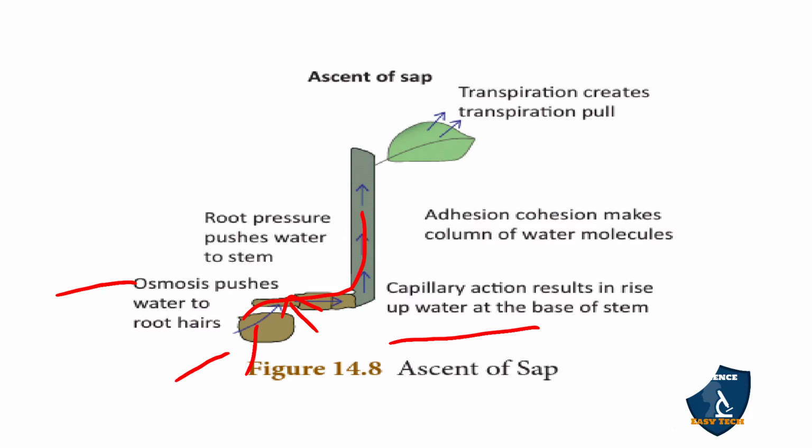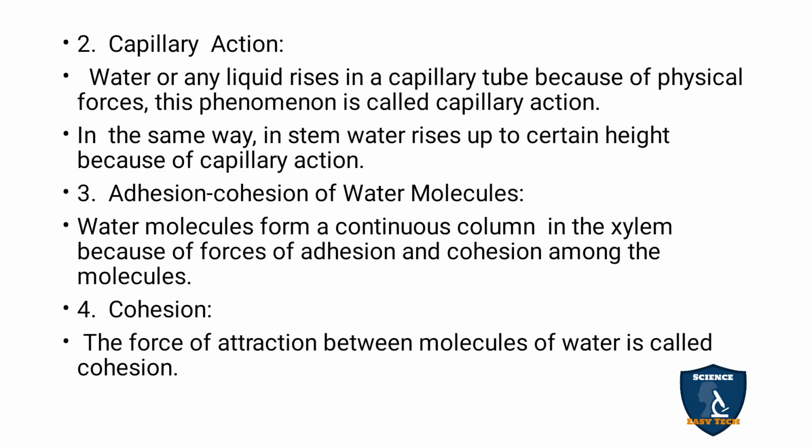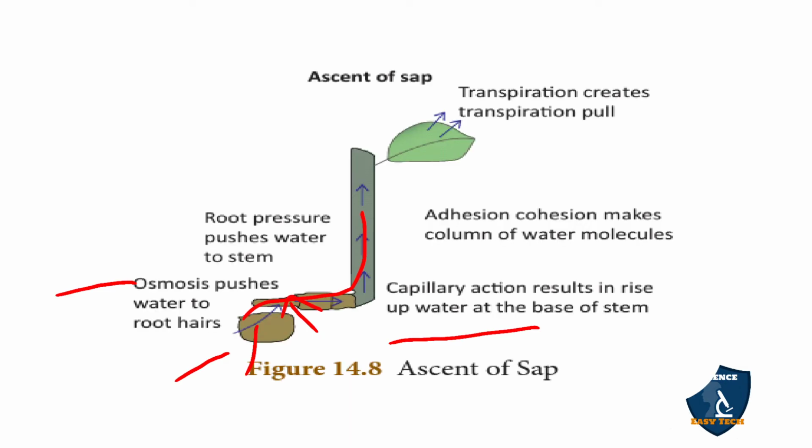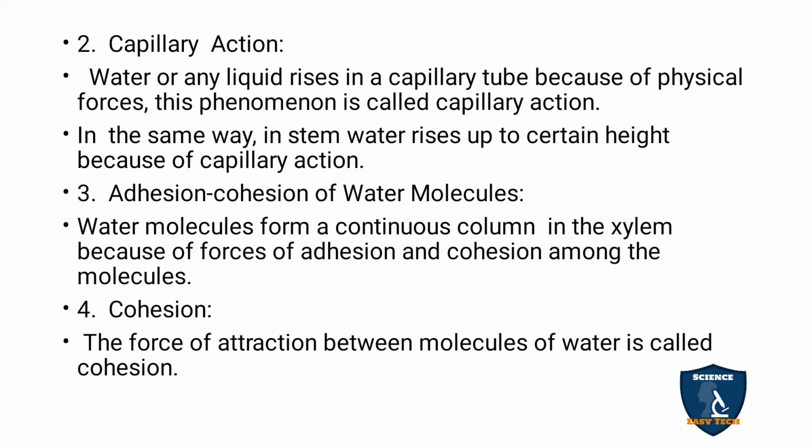It takes place from the root to the tip of the stem. In the same way, in the stem, water rises up to a certain height because of capillary action. When the water enters the stem through capillary action, the water rises till the tip of the stem. That is also called capillary action.